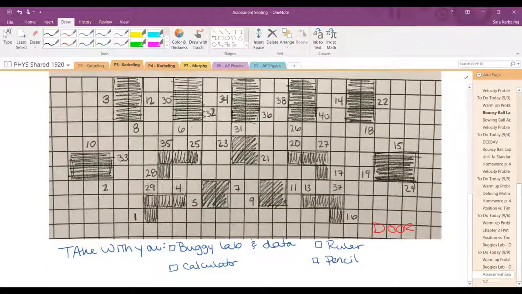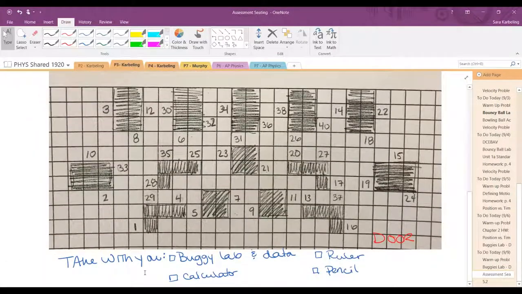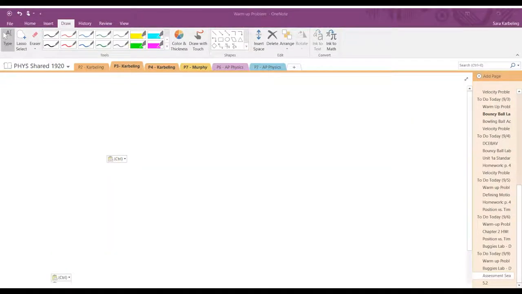Listen, please. The only things that you need to take with you are your Buggy Lab and data, a calculator, a ruler, and a pencil. If you need to borrow a ruler, you're welcome to. Find your new spot and move there.